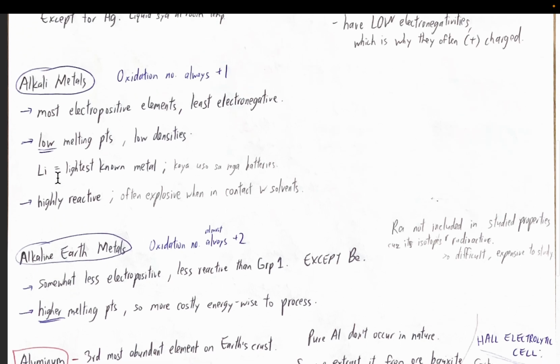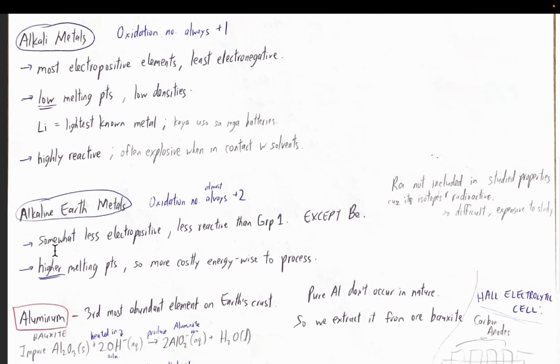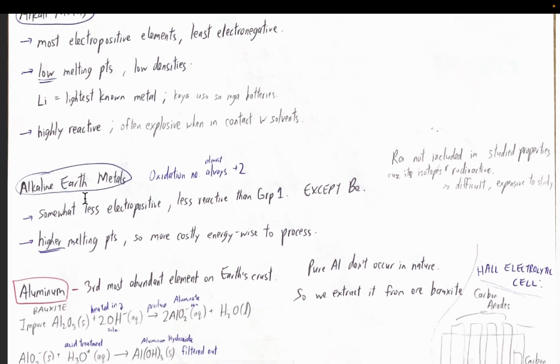So, unlike group 1, alkali metals, group 2 is characterized by having higher melting points. Therefore they are more costly to process energy-wise. It makes sense because if something has a higher melting point, you need more heat so that it could melt. And more heat means more energy. That means your electricity bill would be higher.